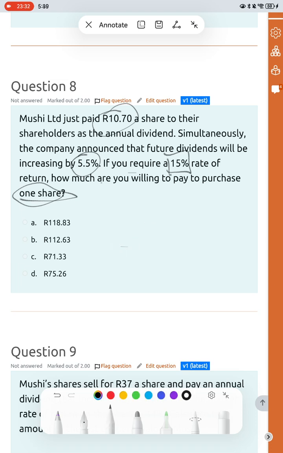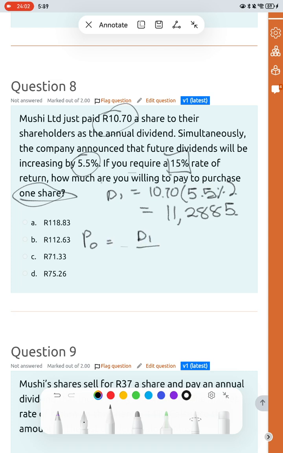So D1 is equal to 10, times 1.055, because it is growing at 5.5%, right? And your answer will then be D1 is 10.55. Now to get your price per share, you need your D1 over your R minus G.